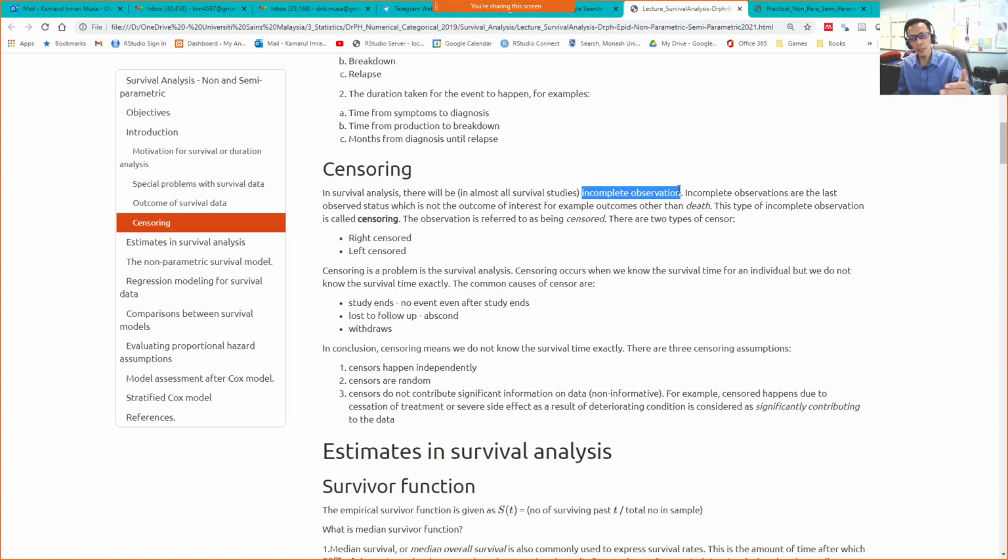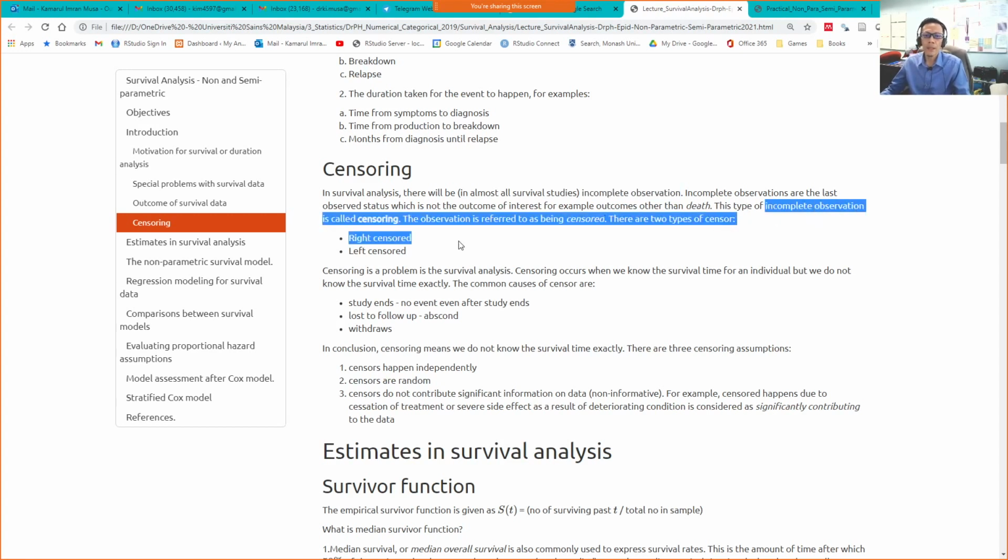If you follow him up for another month and another month, he might get the event. So incomplete observations are where the last observed status is not the outcome of interest, for example outcomes other than death. This type of incomplete observation is called censoring.